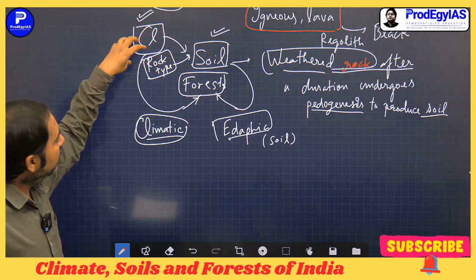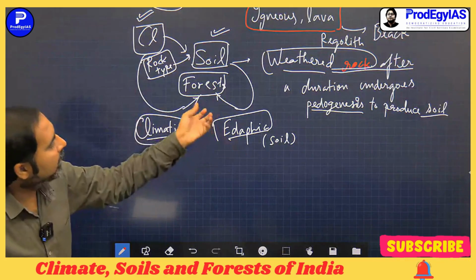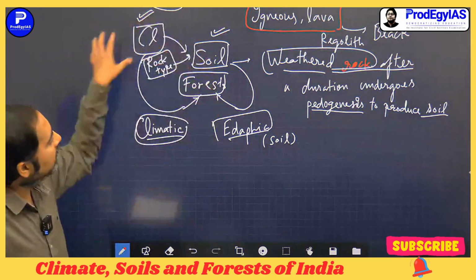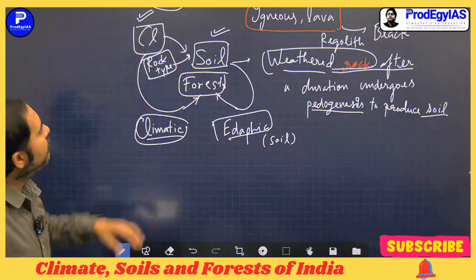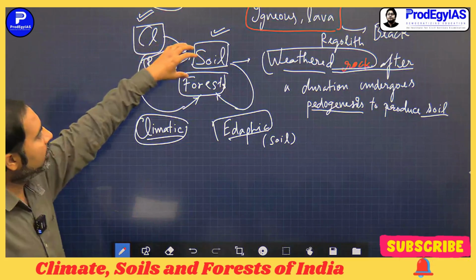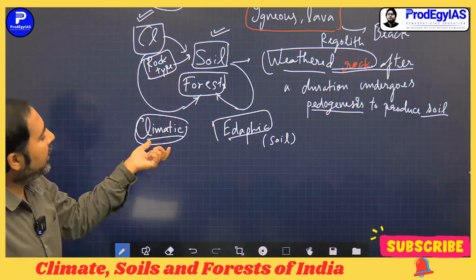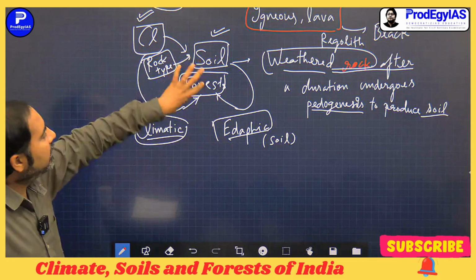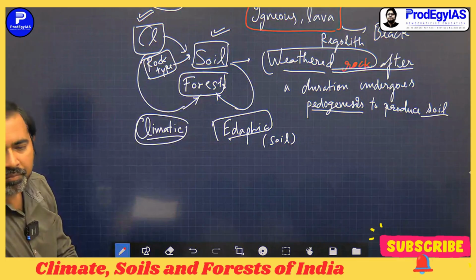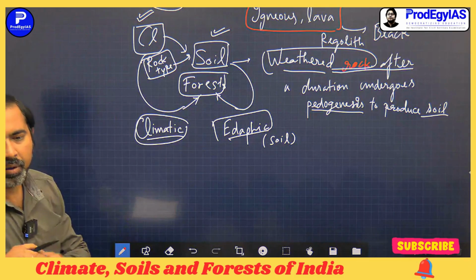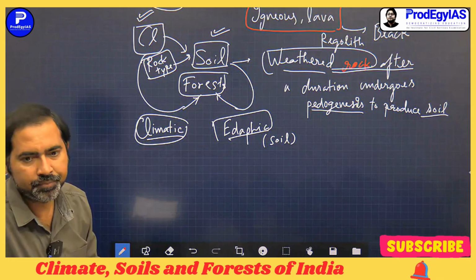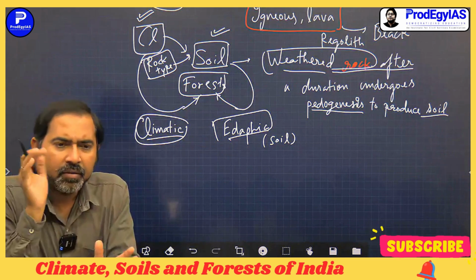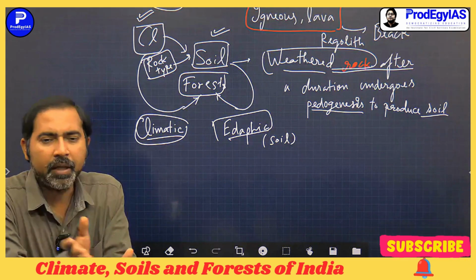Then climate and soil, they both decide the forest type. So you can make this diagram. Climate and rock type are deciding the soil type. Then climate type and soil type is deciding the forest type. In a way, forest and soil, they are connected together. So that is why we are studying this in an integrated manner.